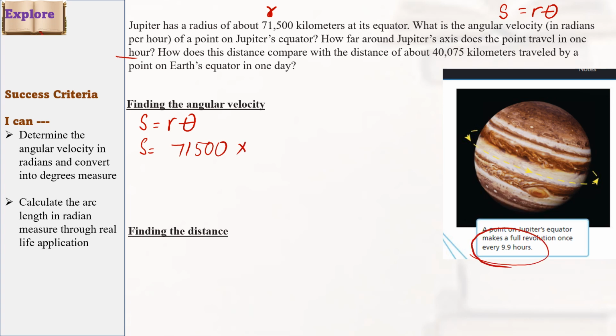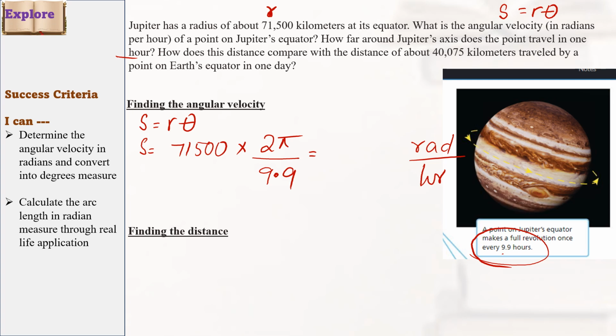They said one revolution in 9.9 hours. One revolution in radians means 2 pi radians per 9.9 hours. Write it in the calculator. You will get the answer in radians per hour.